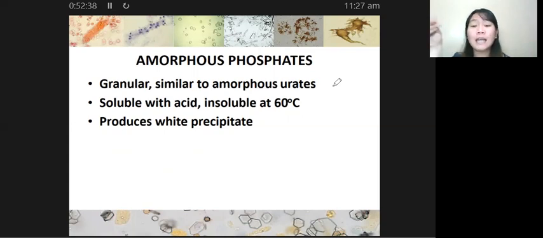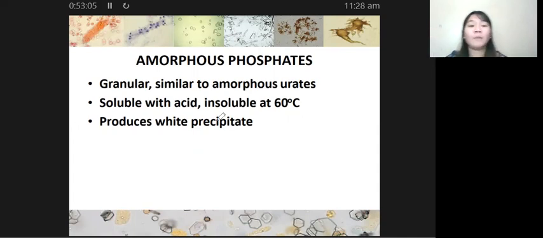Okay? So, say for example, we are able to see amorphous granules in the urine of the patient. We look at the pH. Kung ang pH ng urine sample niya ay alkaline, nire-report namin as amorphous phosphates. Kung kunwari naman yung pH ng urine sample ay acidic, nire-report naman namin siya na amorphous urates.